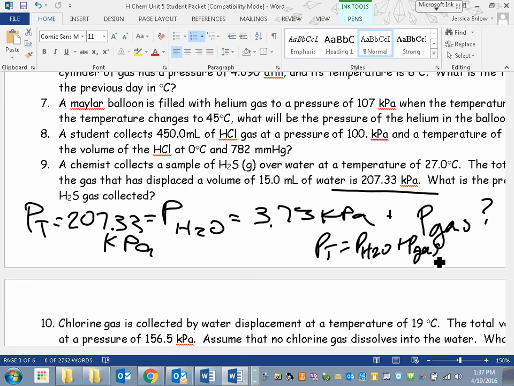This is another gas image. Start on number 10.